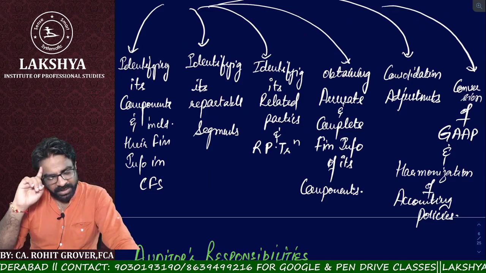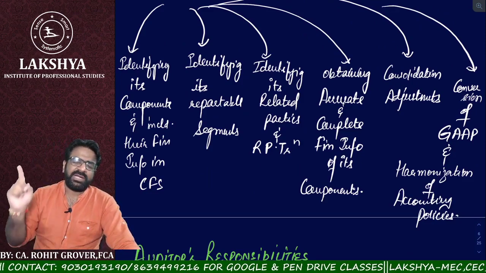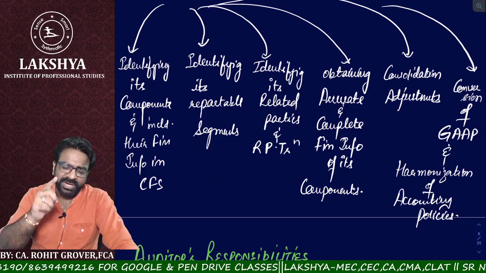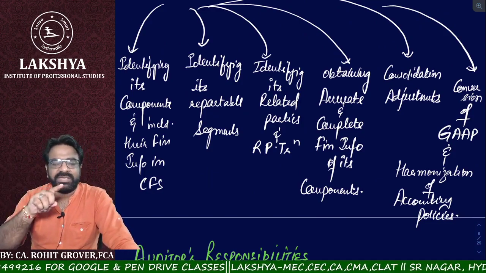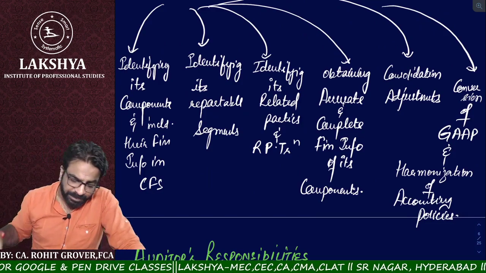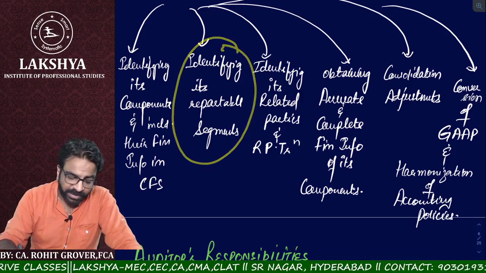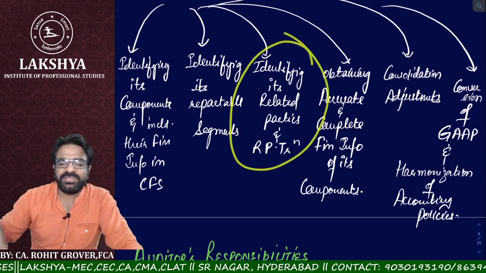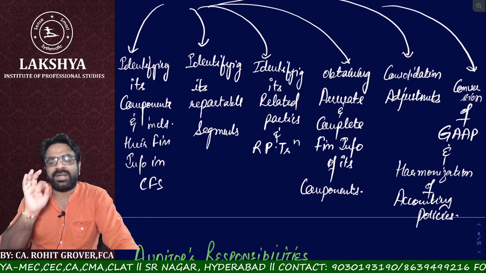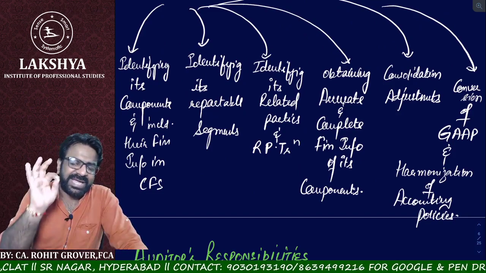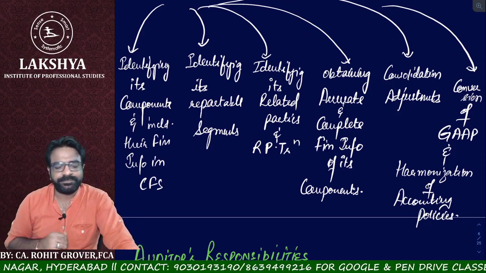So point number 1, it is the parent's responsibility to identify its components and include their financial information in the consolidated financial statements. Point number 2, it is the parent's responsibility to identify its reportable segments. Point number 3, it is the parent's responsibility to identify its related parties and the related party transactions entered with them, if any.